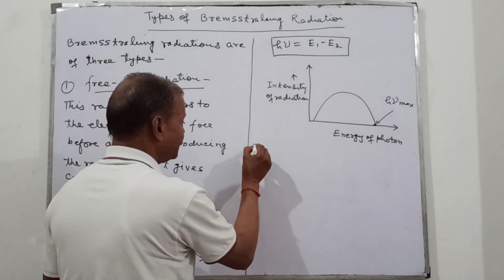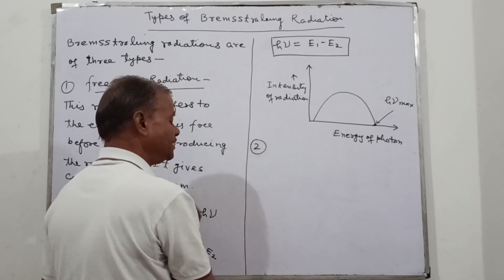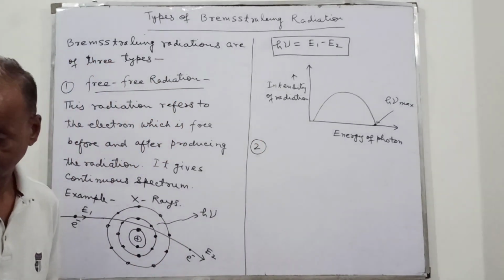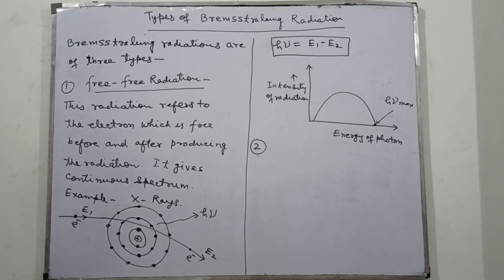Now the second kind of radiation is bound radiation.